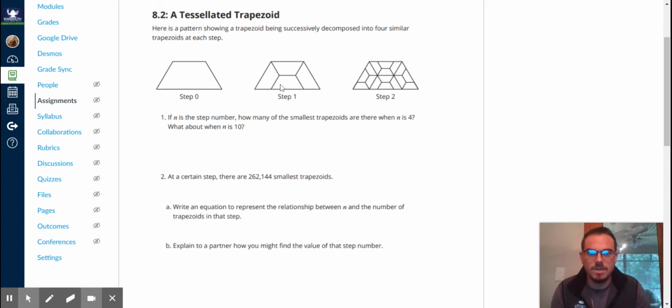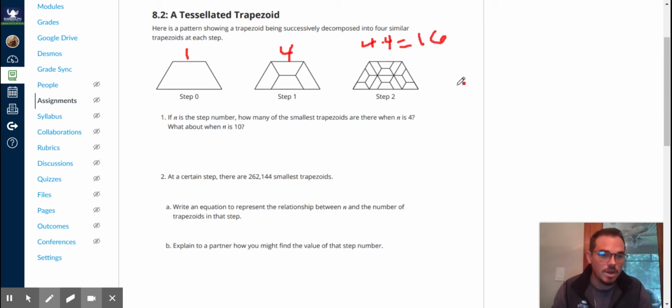So you can see, this is one trapezoid. Here we're going to have 4 trapezoids. And then if you look here, each trapezoid inside is now broken up into 4 more. So each of the 4 trapezoids now has another 4, or 4 times 4, which is 16 trapezoids.